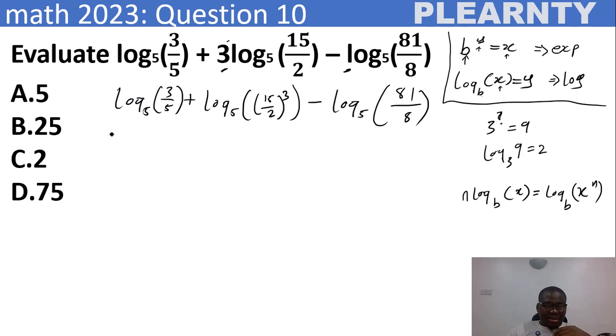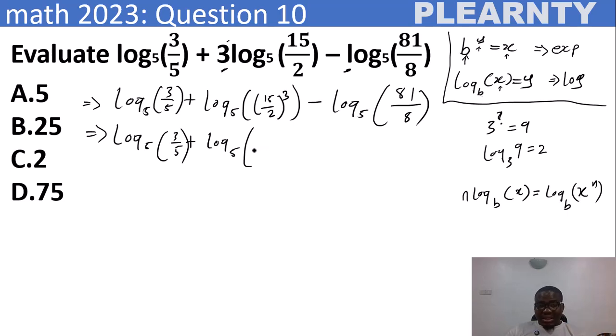So now let's rewrite. We have log base 5 of 3 over 5 plus log base 5 of, now because we are going to do a lot of division and fraction simplification, instead of punching the calculator for 15 times 15 times 15, we can just write it there because we might still need to divide those things out.